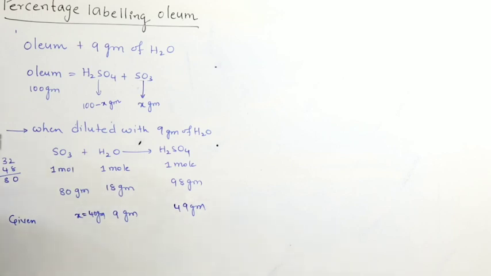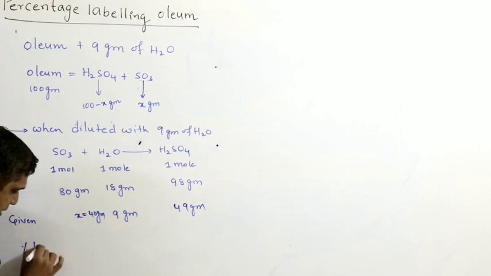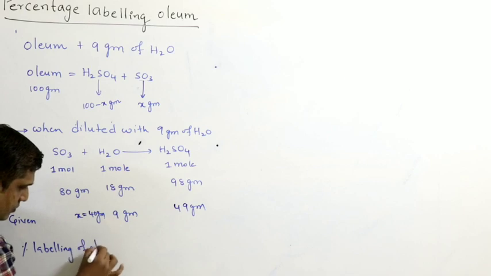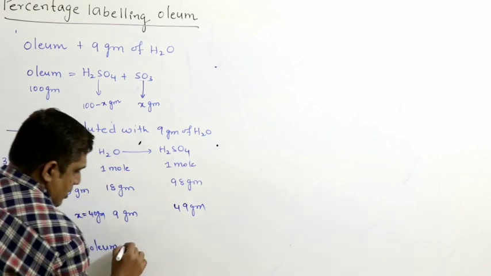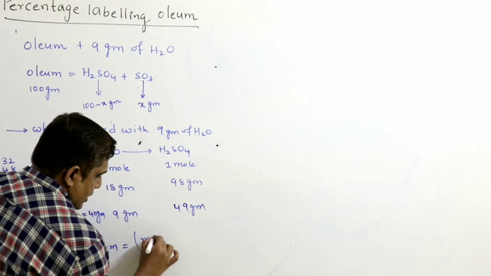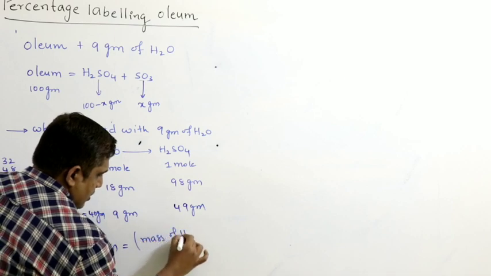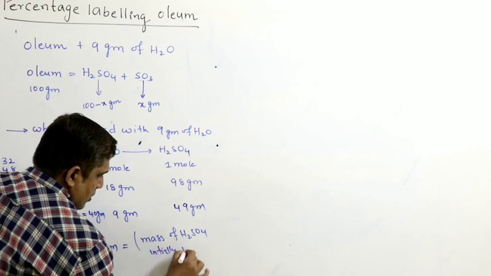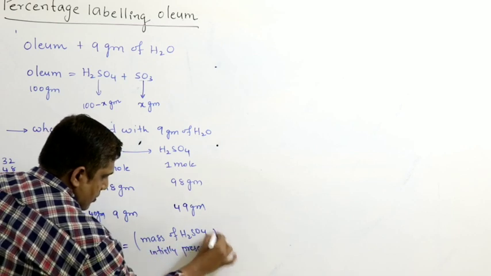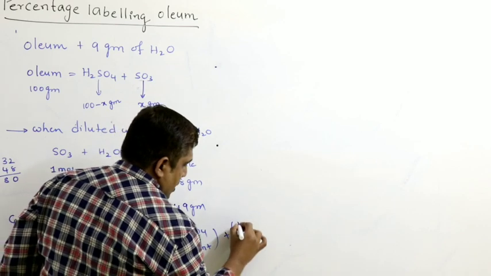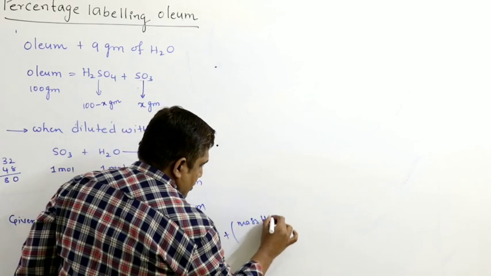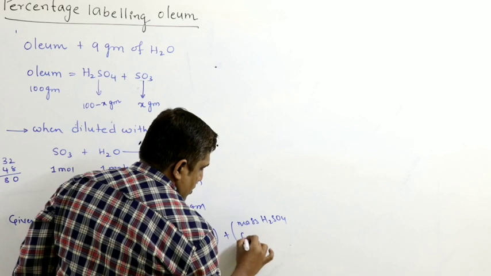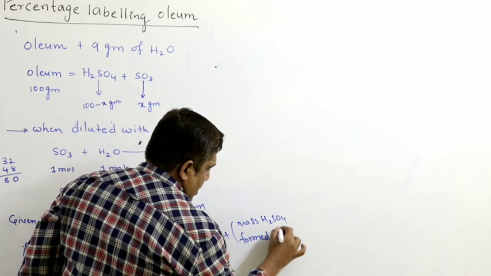So the percentage labeling of this oleum is the mass of H2SO4 initially present plus the mass of H2SO4 formed after dilution.